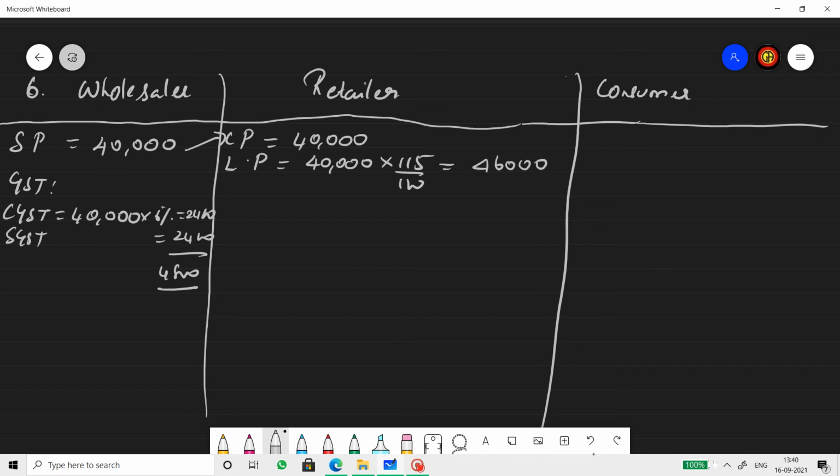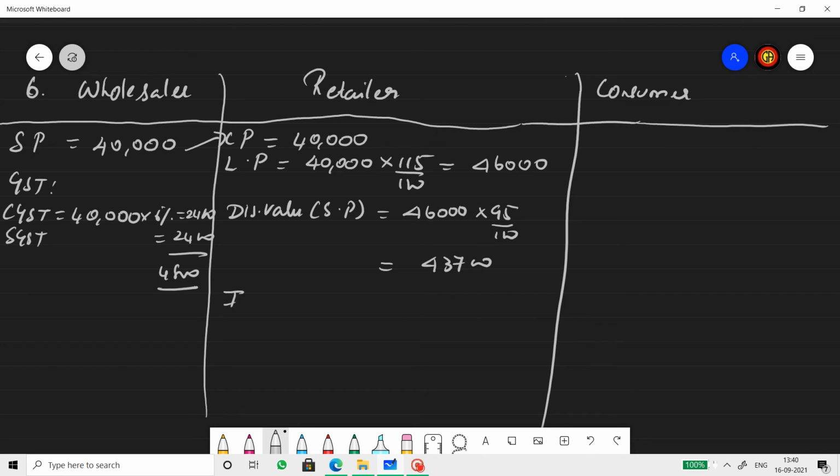This is the list price, but remember, he is not selling at this price. He is giving a discount. So the discounted value, or otherwise called the selling price, here is 5% less than this. So we need to calculate 95% of this, which works out to 43,700 rupees. Now, this is the selling price.